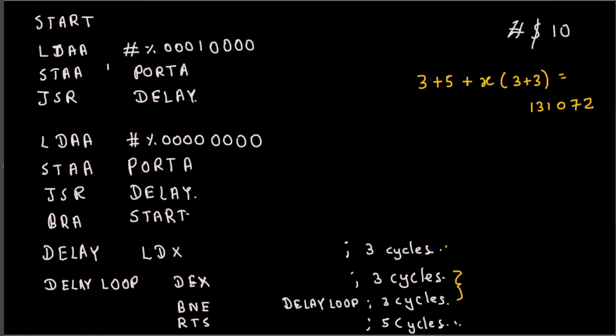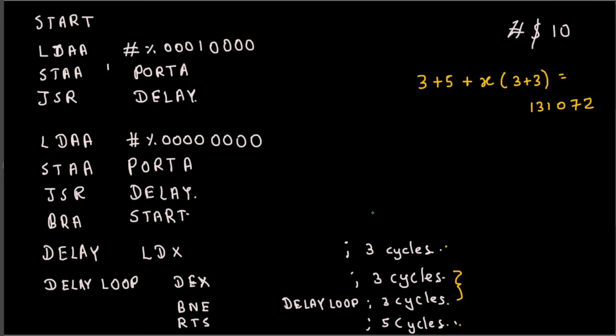So we have to figure out what X value we have to put in order to derive this one. If you get an X value that is a fractional value, then there are some extra things you can do. You can do a NOP, which takes an extra 2 cycles.